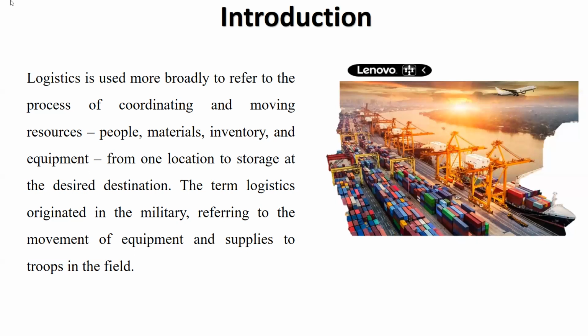And when the finished goods are being transported to the distributors, there will be movement. The distributors will also move these materials to the end consumer. There will be movement. So we are moving people, materials, inventories and equipment from one location to the other.